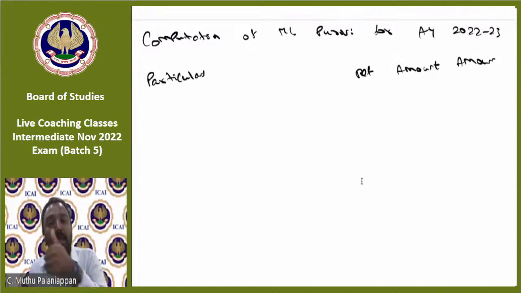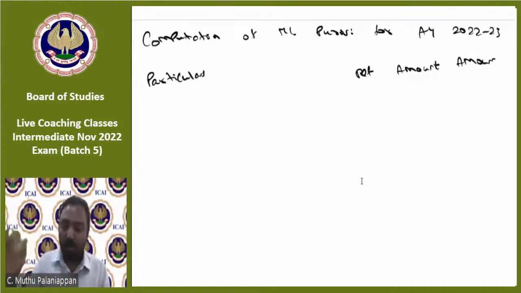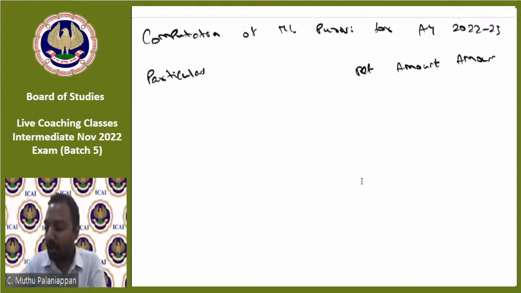So this note will help the valuer understand that you have understood the provision. You are not just replicating whatever you have studied. It shows that you have understood the provision to be precise. So we have a particulars column, we have a reference column, and we have the amount columns. So that's what we're going to work out.